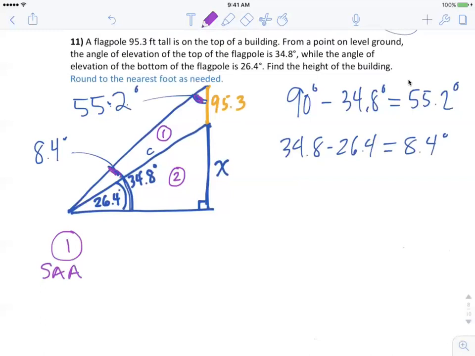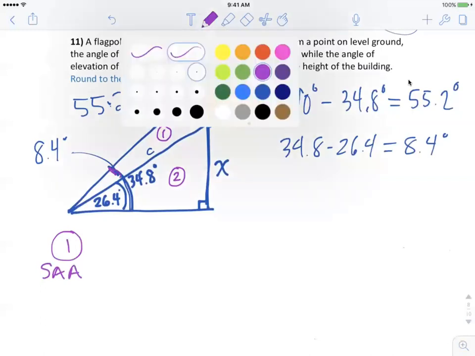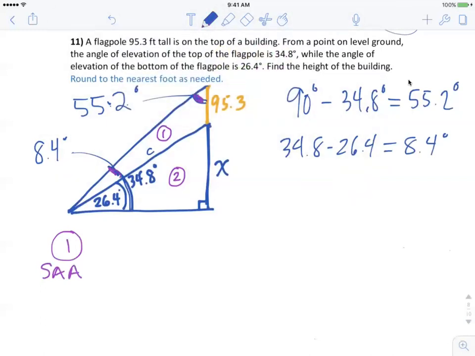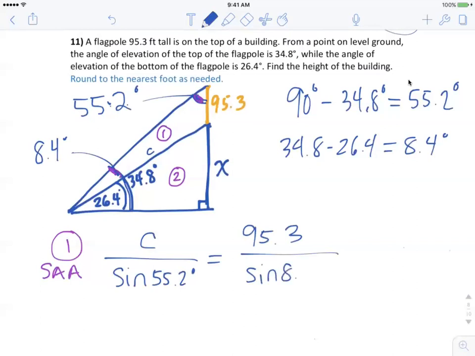We should be able to use the law of sines there because I have an opposite. I'm trying to find C. Opposite side C is the angle 55.2 degrees, and then I have the given side, and opposite that side is the little angle of 8.4 degrees.